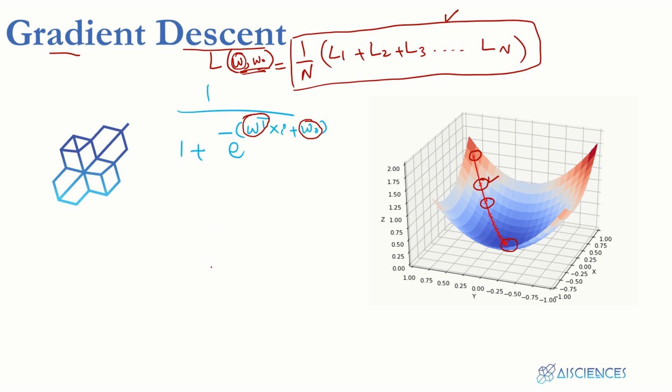So in a nutshell, we have the logistic function, which is our prediction at any ith point. It is written as 1 over 1 plus e raised to the power minus w transpose xi plus w naught.